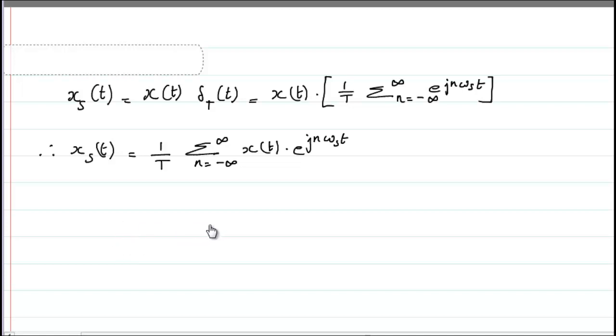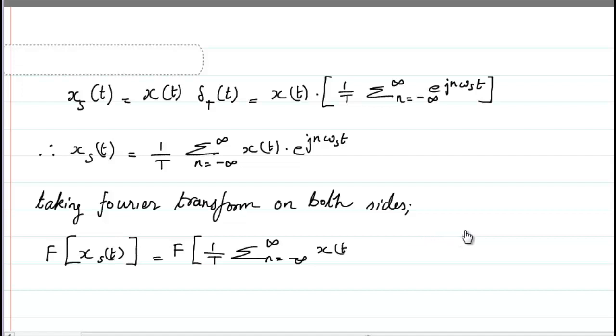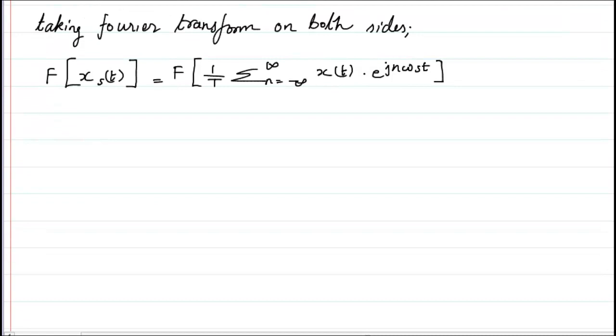Now here if I am going to take the Fourier transform of the above equation, taking Fourier transform on both sides, we will write Fourier transform of xs of t is going to be the Fourier transform of whatever is inside in the right hand side, which is 1 by T summation n is equal to minus infinity to infinity x of t dot e raised to power j n omega s t, where the Fourier transform in the left hand side will be basically capital Xs of omega.